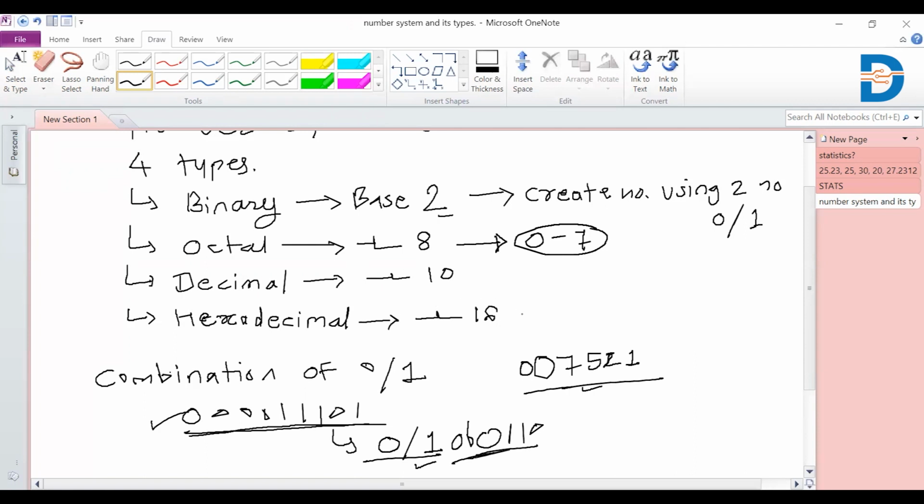So what are we going to write for hexadecimal? 0x. And hexadecimal means 16 numbers. Which numbers are those? The 16 characters are 0 to 9 and A to F. These are all the number systems.